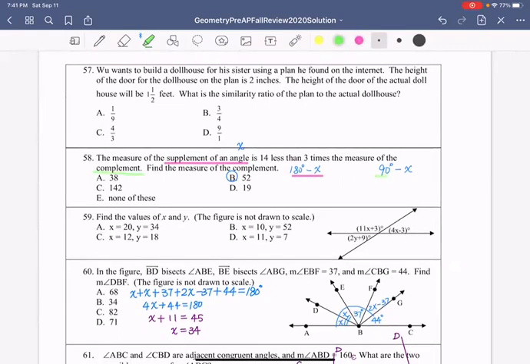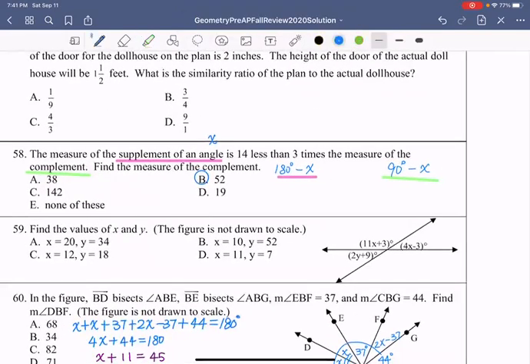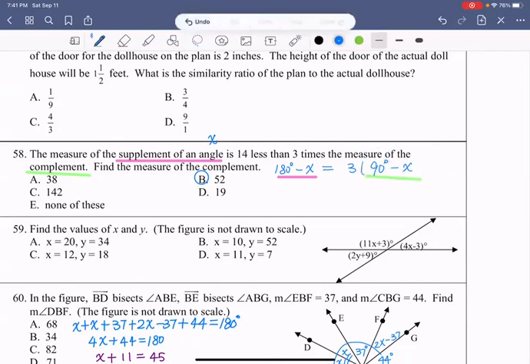This is a green, okay? So the pink is 3 times the green minus 14.